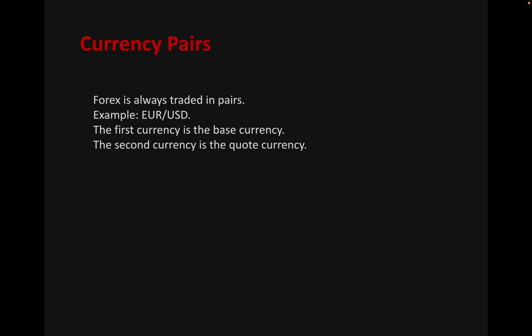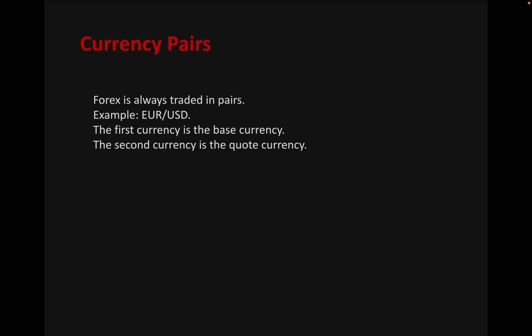Currency pairs. When you're trading the Forex market, we always trade in pairs. In order for an exchange to happen, it has to involve two currencies. Even in real life, if an exchange is supposed to happen, two persons have to be involved, and something has to be exchanged for another.